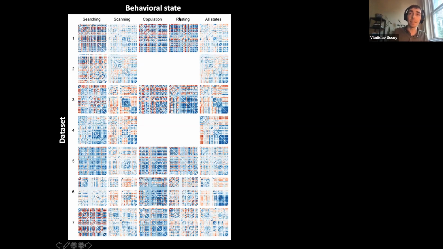What we can see is that if you look at the correlation structures, the columns look more similar to each other than the rows. So basically, each of these motifs has a more similar correlation structure to the ones from other animals, but the same motif, rather than across motifs within the same animal.